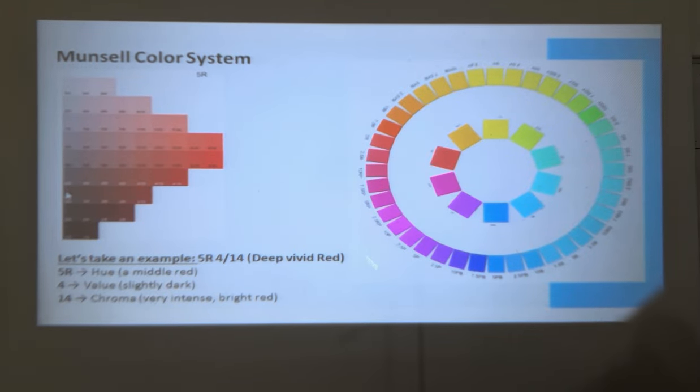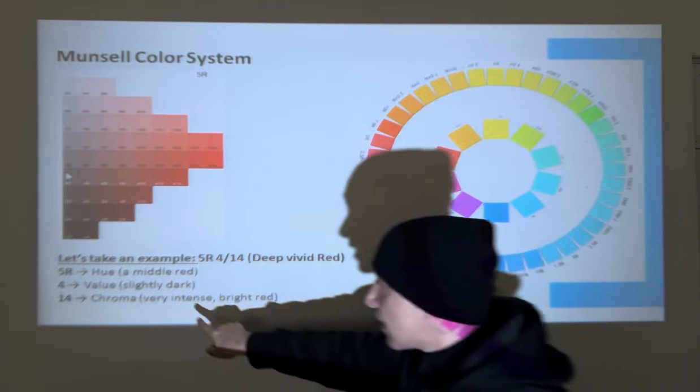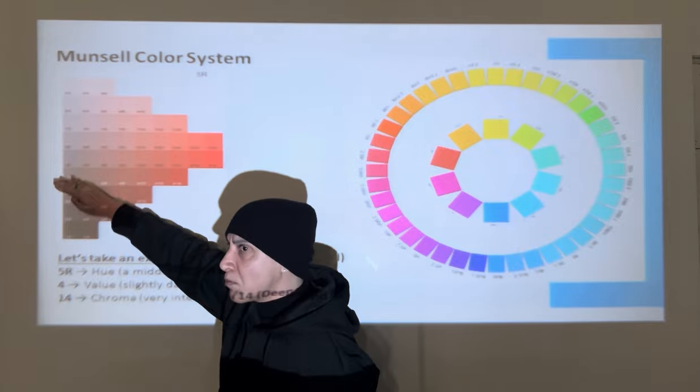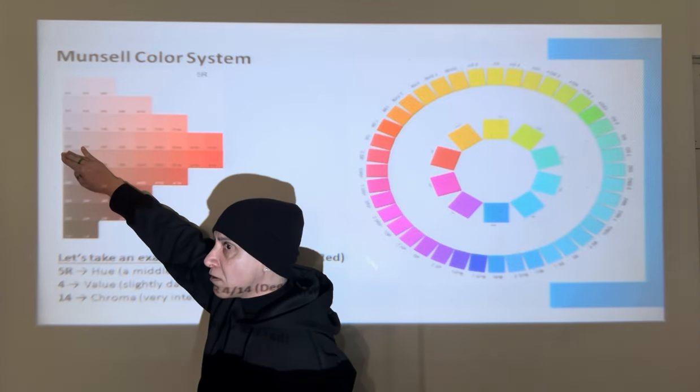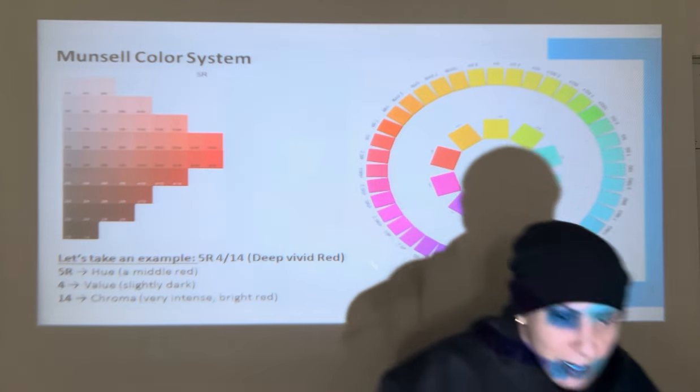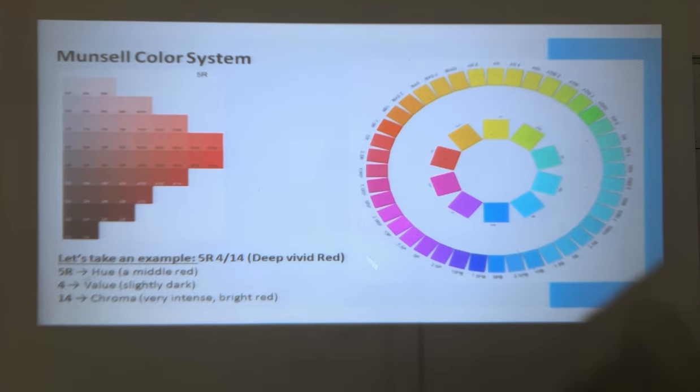So number 4 is located here: 1, 2, 3, 4. Here is number 4. So it's slightly dark. You notice what it says here? Slightly dark, because it's located here. So it's a little bit more towards the dark. It's not the center, a little bit darker. If it goes up, it will become lighter. So again, the 5R is this color here. So this is about the 5R.